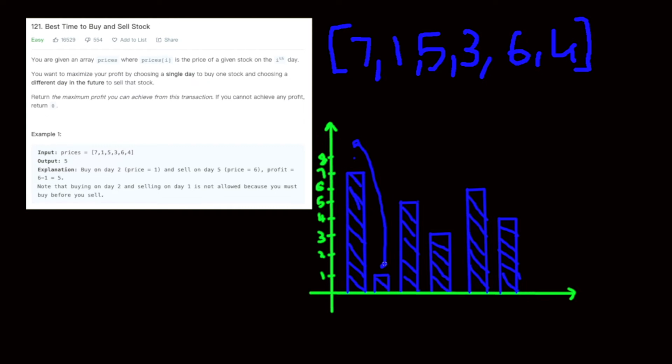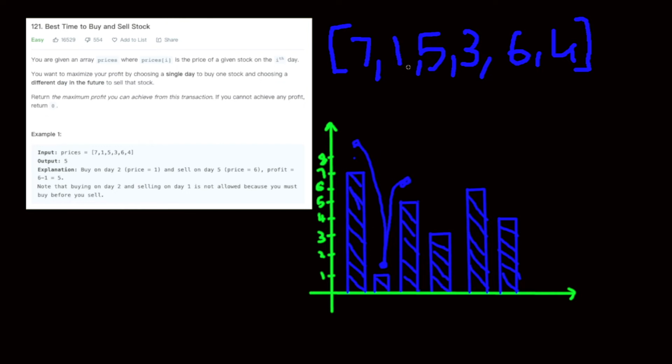So in that case, we reset, and we buy on the day where we found that our profit was negative. Instead of buying on the 0th day, we buy on the first day now. We buy it here and then sell it on the next day.